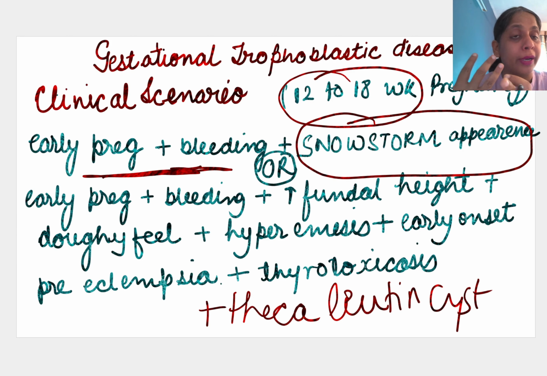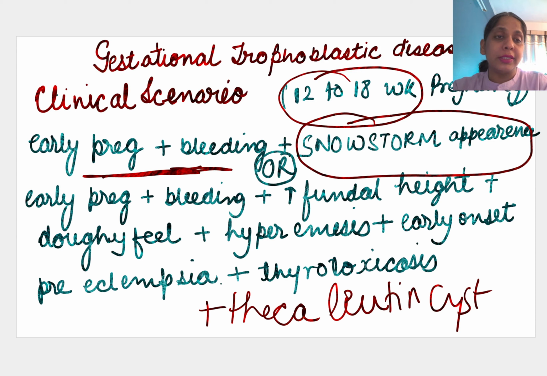Here in the molar pregnancy, because the problem is in the trophoblast, the extravillous trophoblast will not be able to invade and remove that tunica media. It is a trophoblastic disease. So there will be early onset preeclampsia.